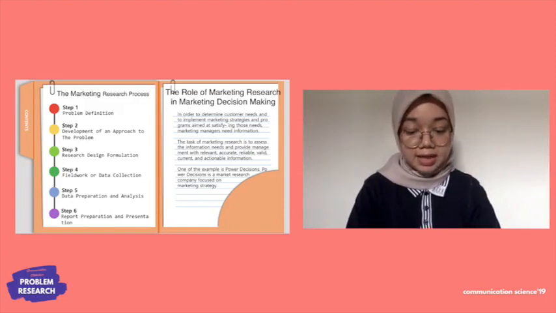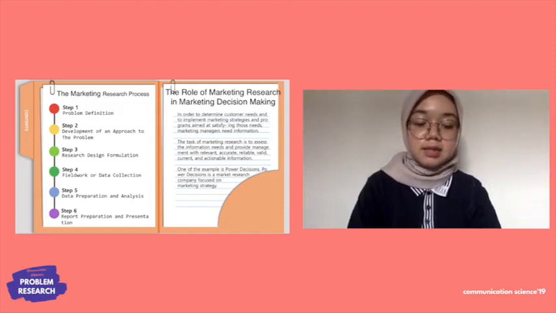A research design is a framework or blueprint for conducting the marketing research project. It details the procedures necessary for obtaining the required information, and its purpose is to design a study that will test the hypothesis of interest, determine possible answers to the research questions, and provide the information needed for decision making.